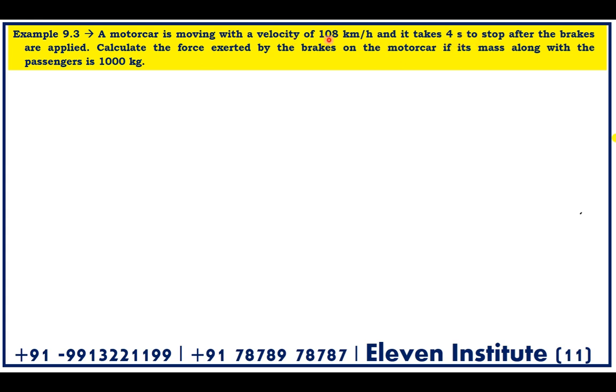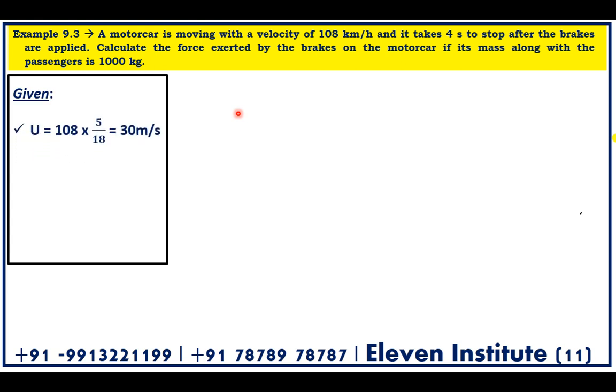So I have to convert this 108 from kilometers per hour to meters per second. So I shall write 108 kilometers per hour into meters per second like this. Initial velocity u is equal to 108 into 5 upon 18. Right? 18 will cancel over here 6 times, and 6 5s are 30 meters per second.